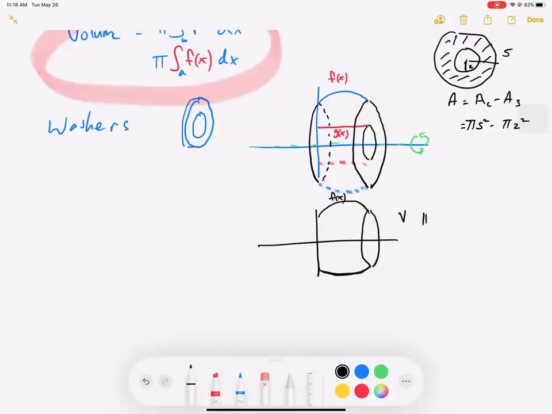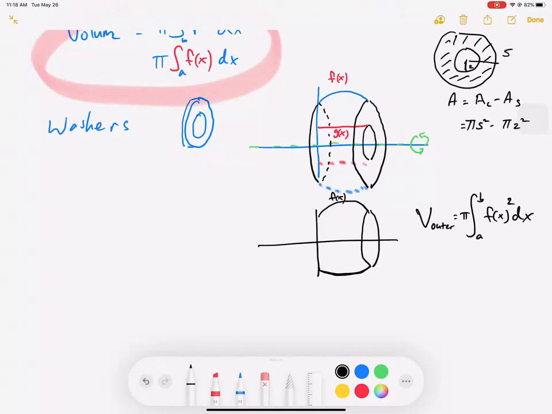The volume of our larger shape, our outer, is equal to pi integral from a to b of f of x, because that's the outer equation, dx. Oh, sorry, squared. Pi r squared.